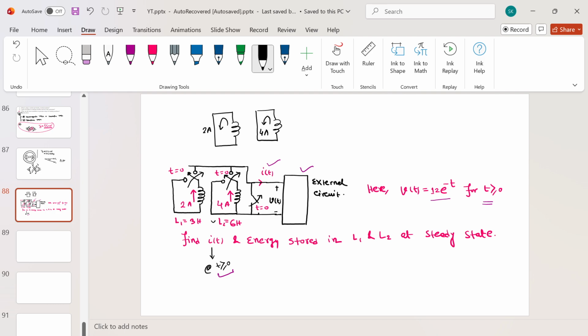At t equal to 0 you change the switching position, and you have to calculate the response. Basically both the inductors will store some energy before t equal to 0, and just after t equal to 0 that energy will start delivering into the external circuit. Okay, we will see what will happen.